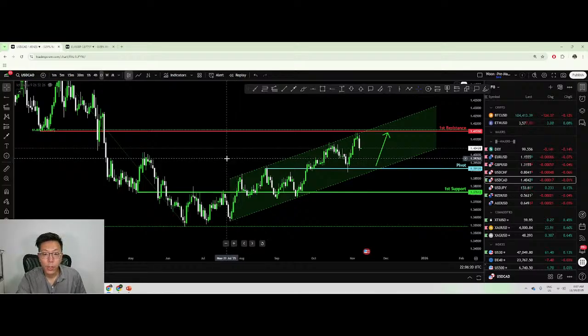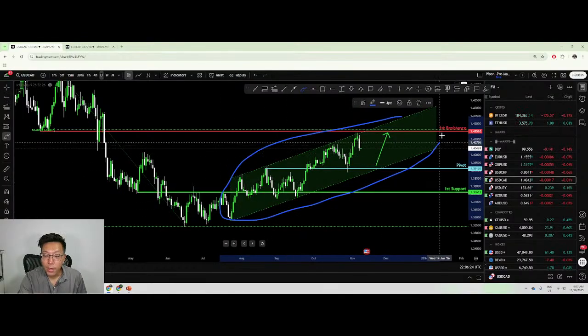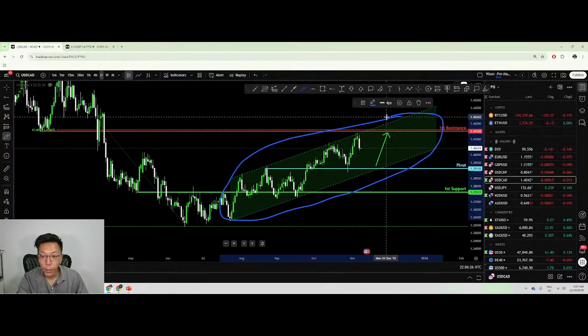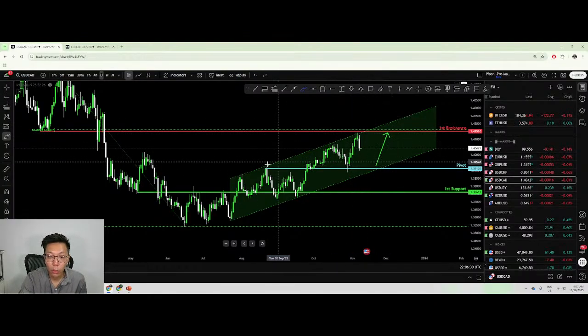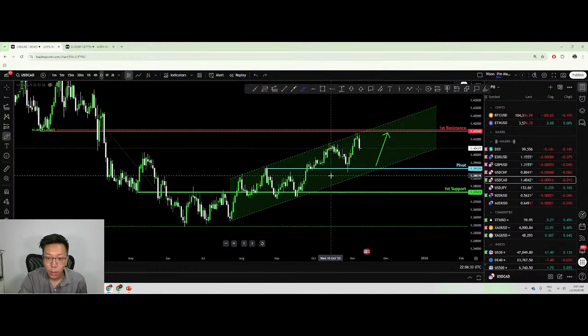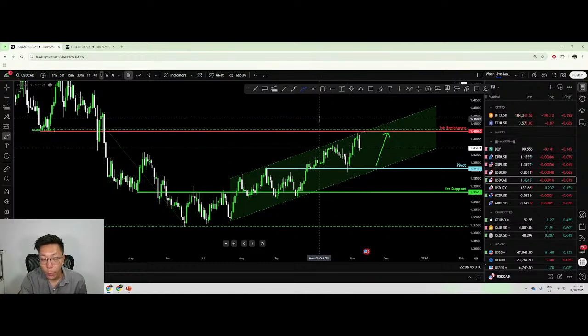We can see that price is in a bullish ascending channel. So this gives us the first confirmation that we should only look for buys. A lot of people make the mistake of not following market structure, but market structure is the first thing that you should look at in any pair.